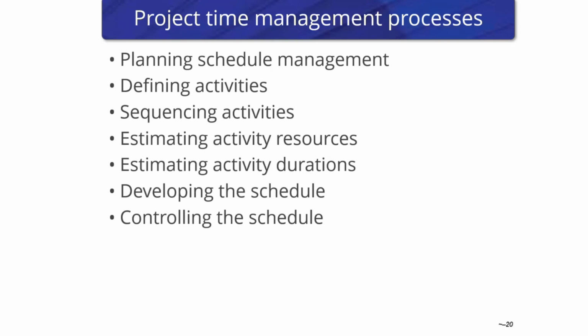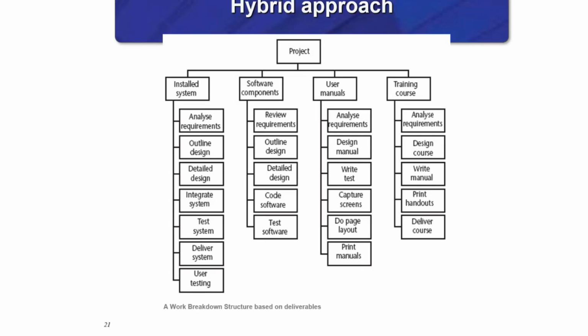Then estimating activity resources. Resources relate to human resources, financial resources, data resources, or time resources. Time also relates to the next one, estimating durations of each activity, then developing the schedule, and finally controlling and monitoring the schedule. This is an illustration.